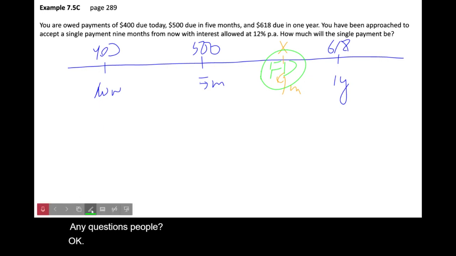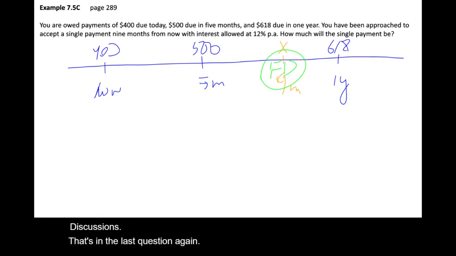Okay, let's now continue our discussion. Let's analyze the question again. I have here a situation where I change the agreement. Everybody understand that? Originally it was agreed to pay 3 times, which I marked in blue.